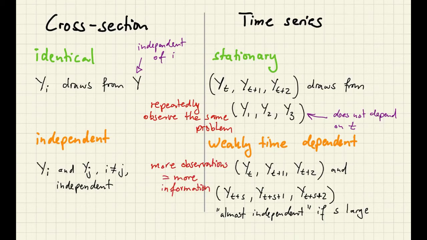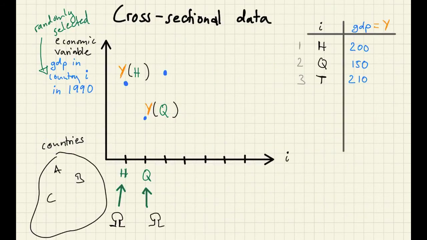So remember when I told you that in a cross-section, moving from one observation to the next is like randomly jumping from one element of the population to another element of the population. And these random jumps allow us to learn about all of the population.